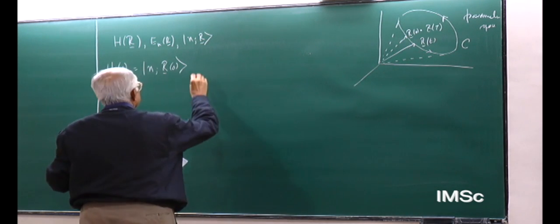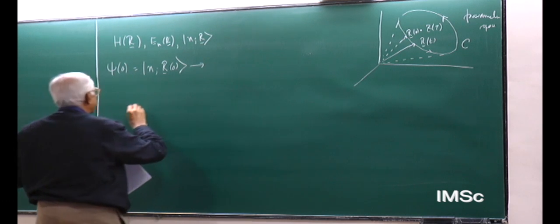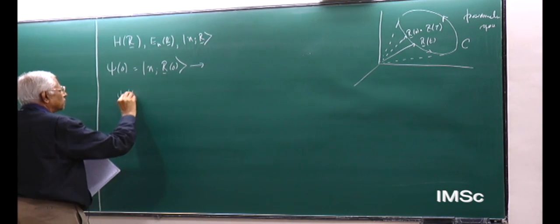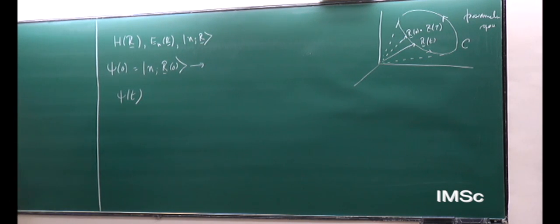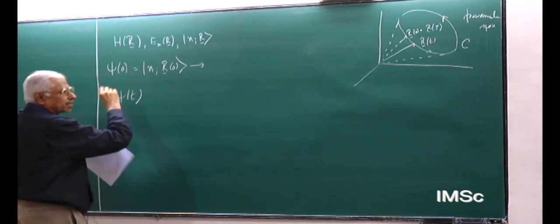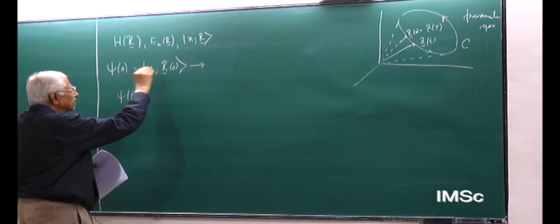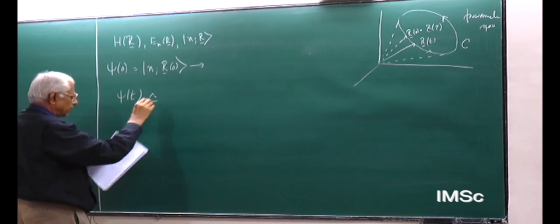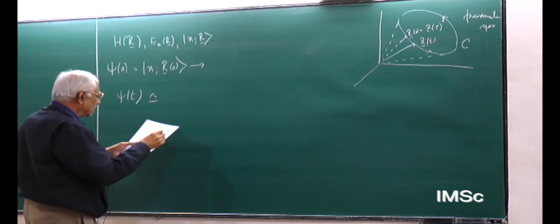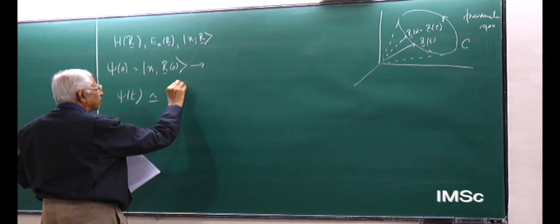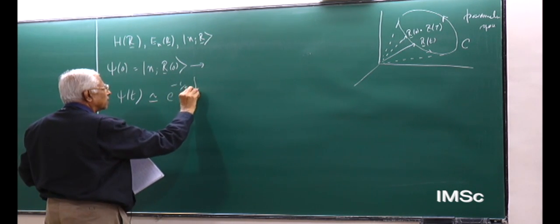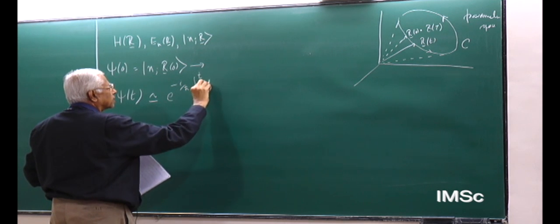Then you say directly, using the adiabatic theorem of quantum mechanics, we know what the solution with this boundary condition is going to be. Within the domain of validity of the adiabatic theorem, we can write it.